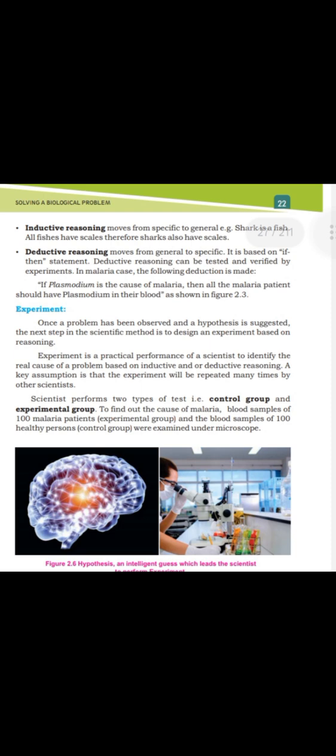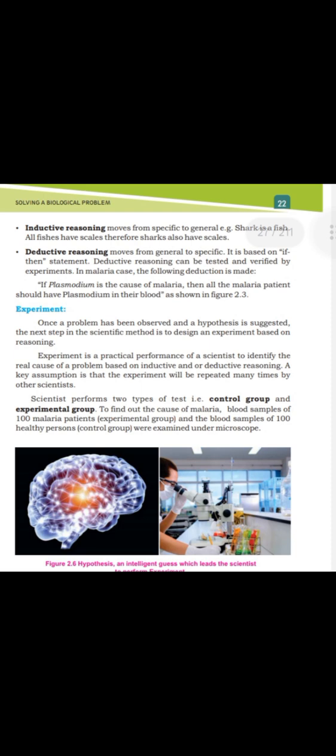So dear students, experiment proves the hypothesis that it is correct or wrong. Means experiment can support or can reject the hypothesis. So here are some scientists who are performing experiments to prove the hypothesis.